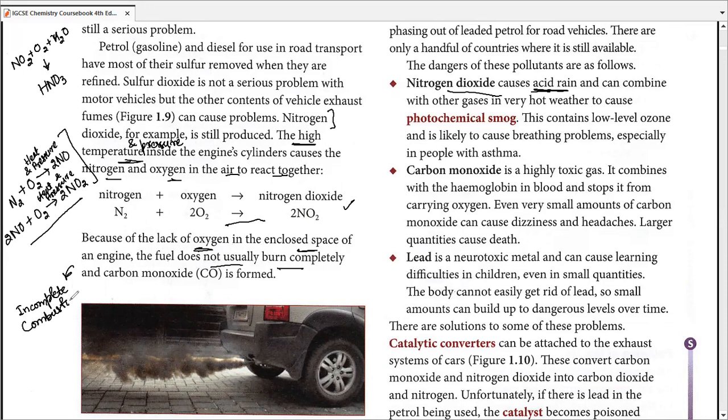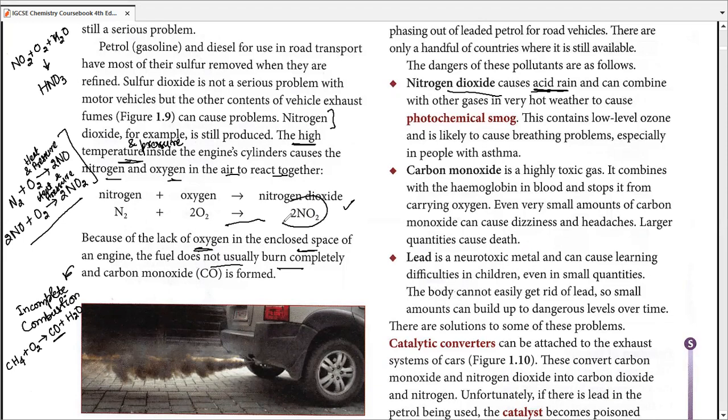Incomplete combustion is when any hydrocarbon, let's say CH4, although we're talking about fuel, we can take the example of C8H18, but it would be a much more difficult example, so I'm going to go with an easier one, reacts with oxygen and produces, instead of carbon dioxide, carbon monoxide and water. You may balance the equation later, but the point being carbon monoxide formation, which is actually a problem.